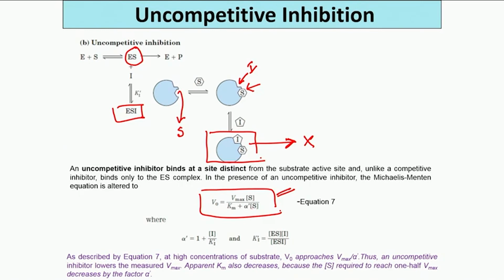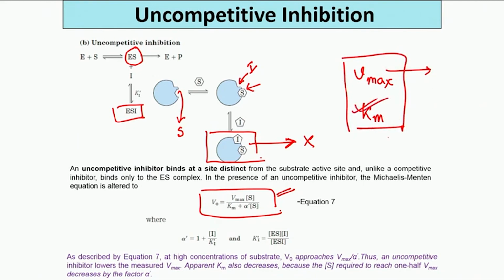Now, the bigger question is what will happen to the Vmax and the Km. In competitive inhibition, we have seen Vmax does not change, remains the same, but Km increases. That means, there is less binding of the enzyme and substrate. So, in this case what happens?